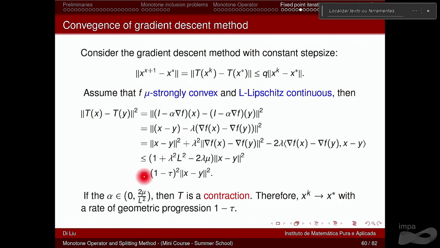We define 1 plus alpha squared L squared minus 2 alpha mu equals 1 minus tau. If we can assume that this constant 1 minus tau is less than 1, then we can get that this operator is a contraction.